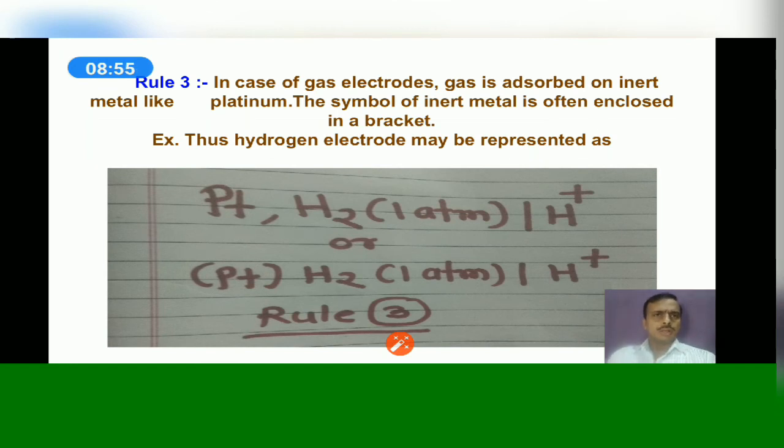Rule number three: in the case of a gas electrode, the gas is adsorbed on an inert metal like platinum. The symbol of the inert metal is often enclosed in a bracket, as in this example.